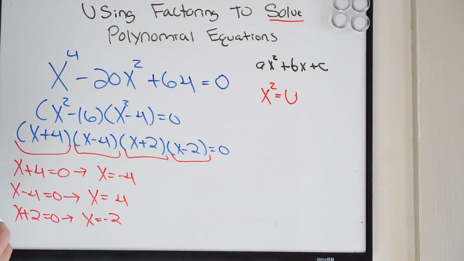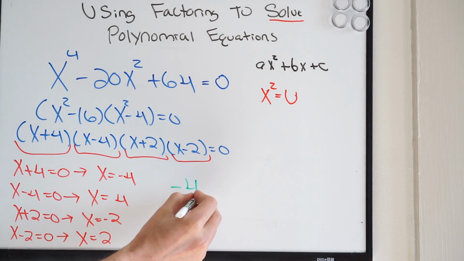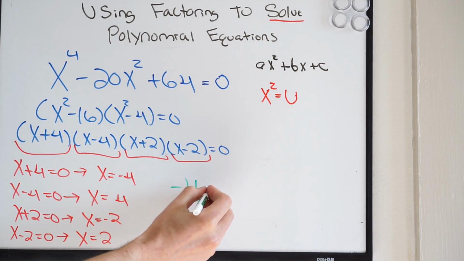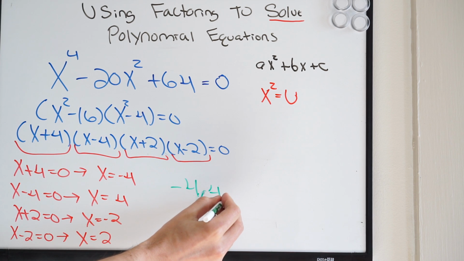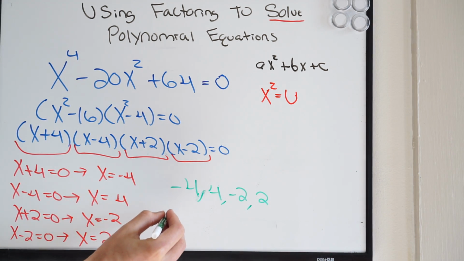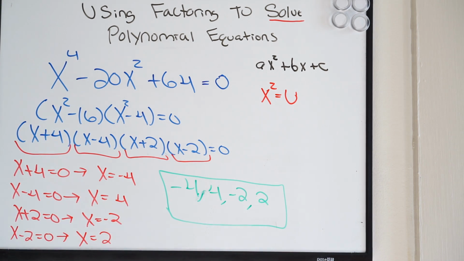And then the last one, x minus 2 equal to 0 will be x equals positive 2. So we just solved here, we found the zeros, and your final answer is going to be negative 4, 4, negative 2, and 2. That right there is your final answer.